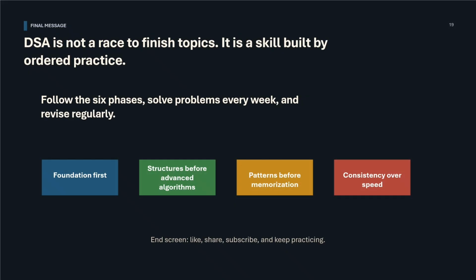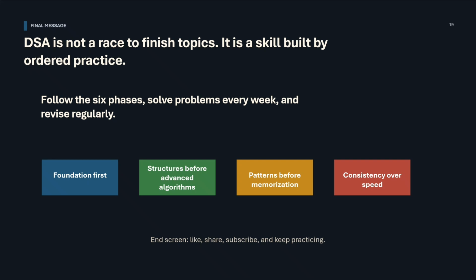So this is the complete DSA roadmap. Start with programming fundamentals, then learn basic data structures like arrays, linked list, stacks, queues and hash tables. After that, understand time and space complexity, then move to sorting and searching. Then learn trees and graphs. After that, explore advanced data structures.